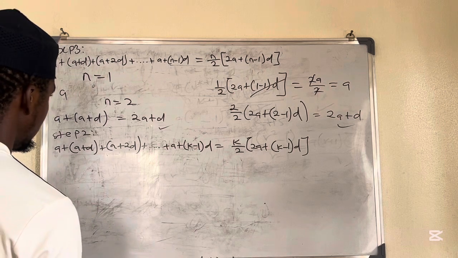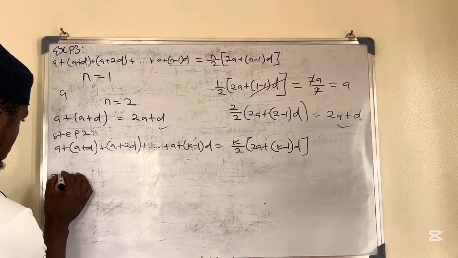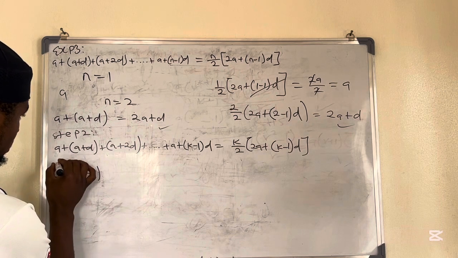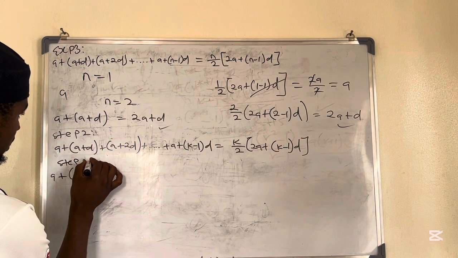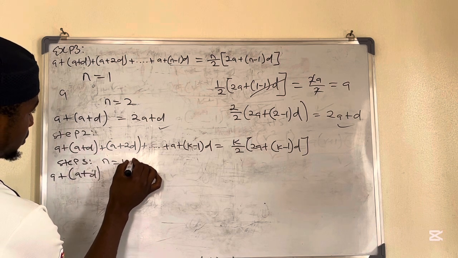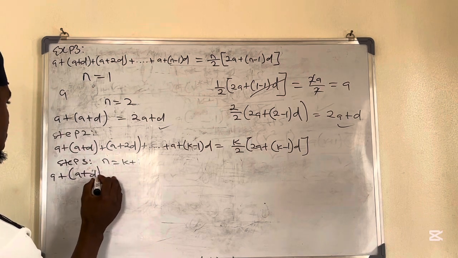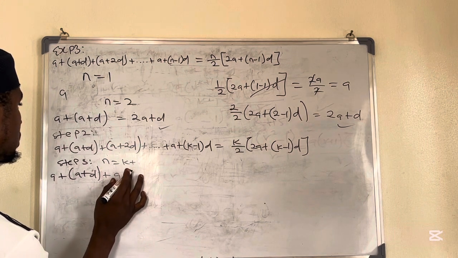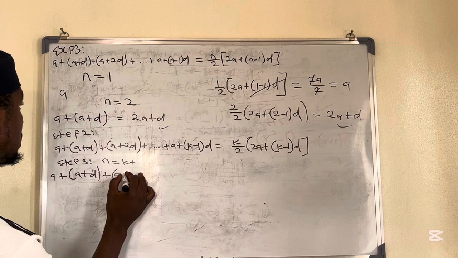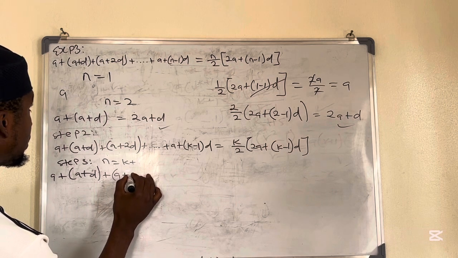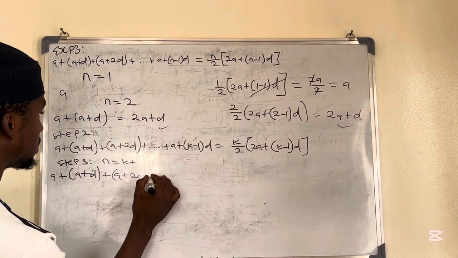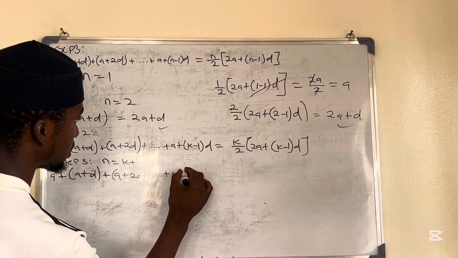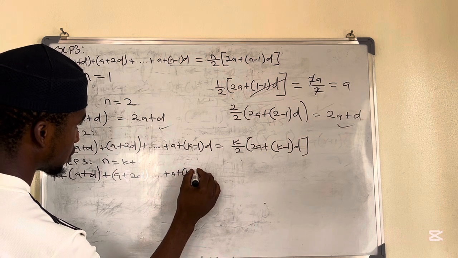So a plus d, that's step 3, and equals to k plus 1. So here now we have plus a plus 2d dot dot plus a plus k minus 1.